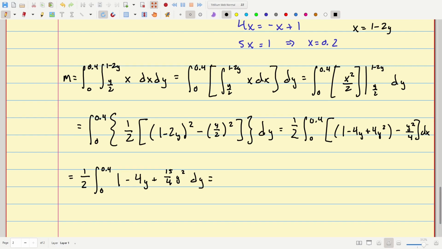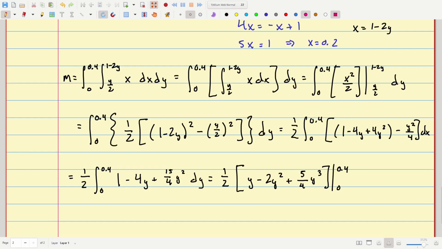And now we're ready to integrate with respect to y. Increase the power by 1, divide by the new power. 15 divided by 3 is 5, pardon me. Okay, and then we plug in all of our values.